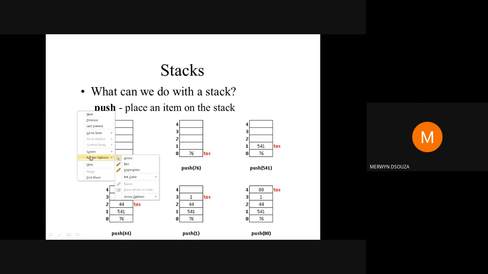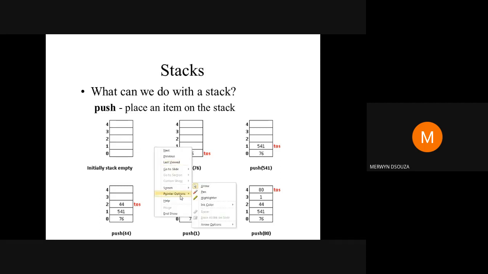The second is the pop operation, which means you remove items from the stack. So the two main operations are push and pop. Push means place items on the stack, and pop means remove items from the stack. I'll show you with an example how items can be pushed on the stack.